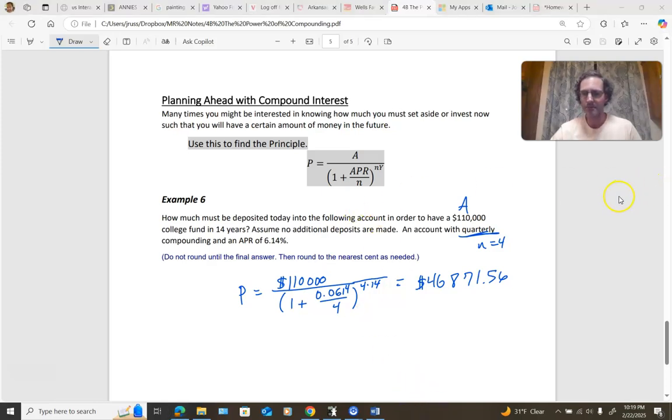So anyway, you could think about this if you're trying to save up for a house or a deposit or anything like that. Of course, like I said, this isn't real practical because typically when people save for something, they're continuously depositing, right? But anyway.